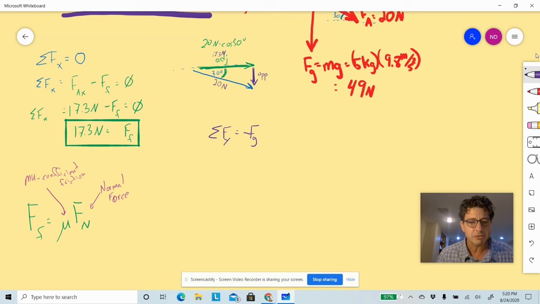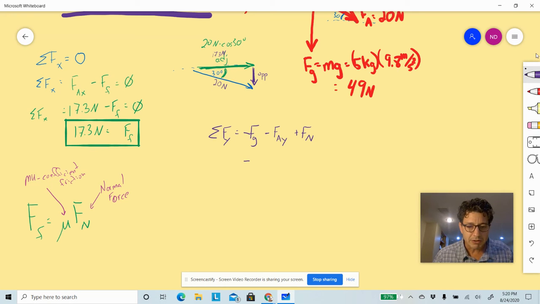Trigonometry, that's going to be the sine function. So we need to do minus the force applied in the y direction plus the normal force.